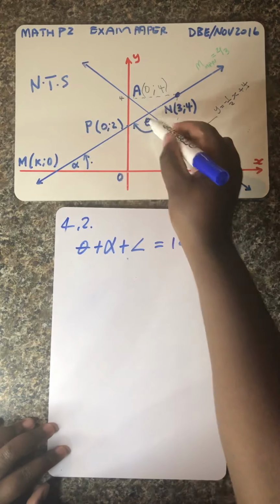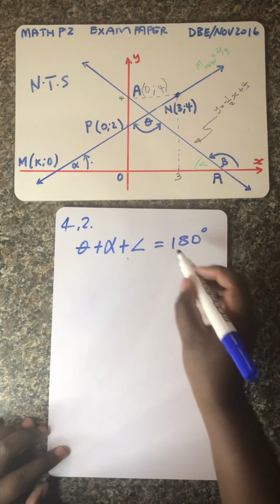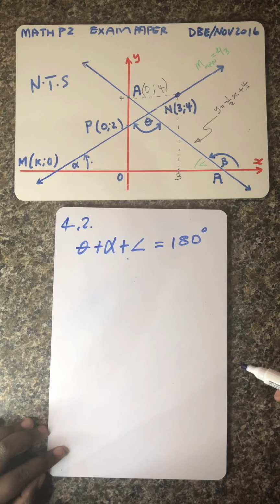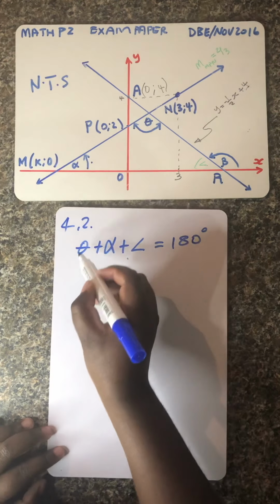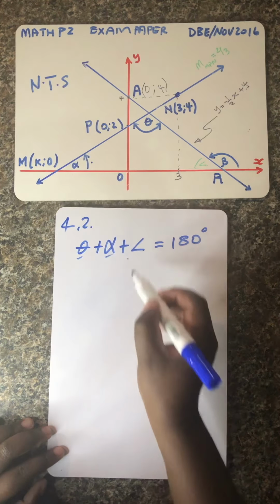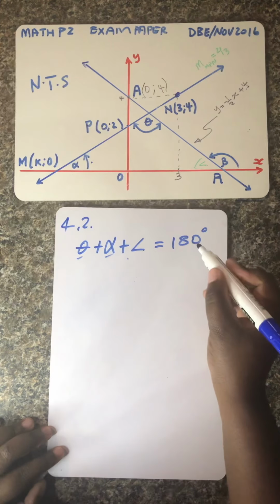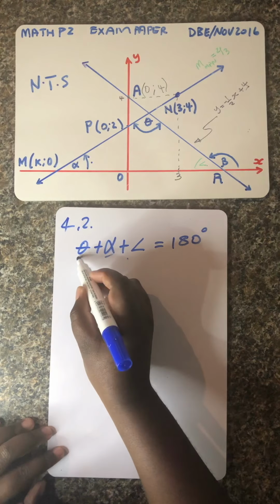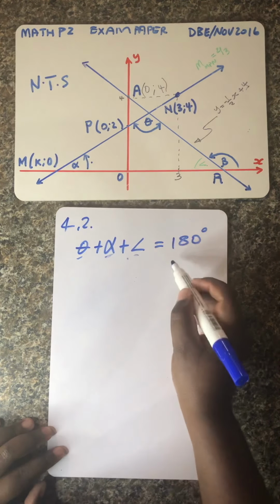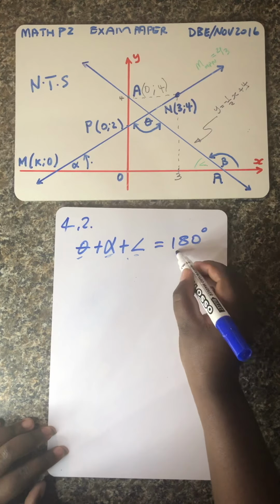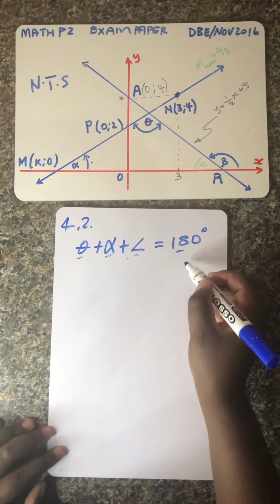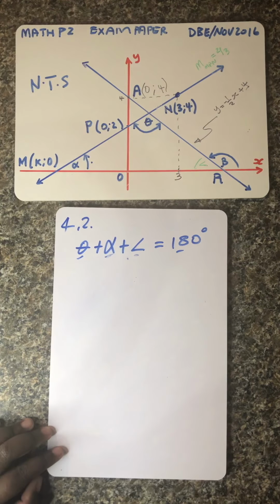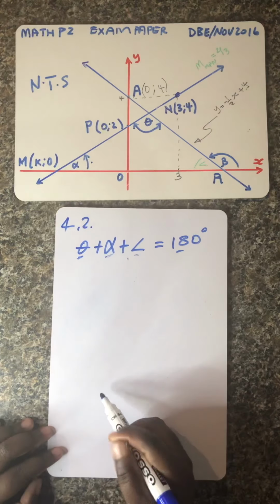You know, when you add the interior angles of a triangle, the sum of these angles must be equal to 180 degrees. So what I'm saying is let's calculate this angle and that angle. From there, we'll be able to subtract those angles from 180 degrees, then we should be able to solve for that angle theta.